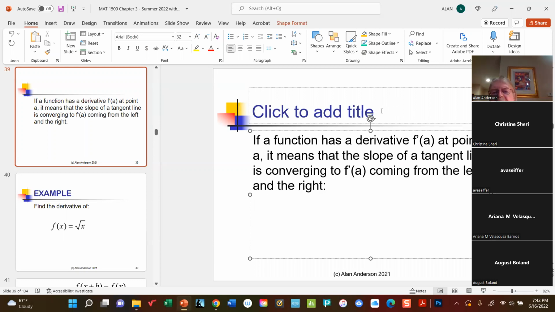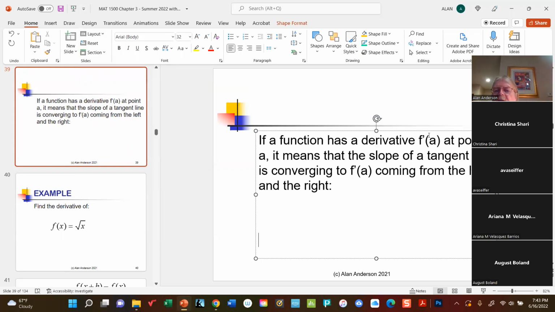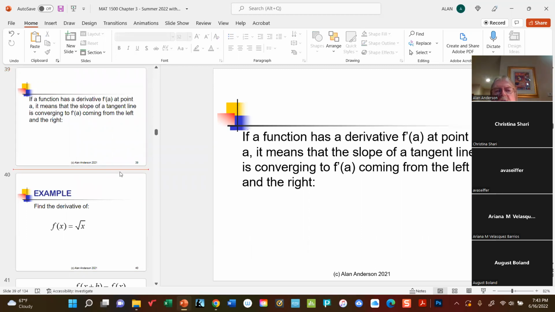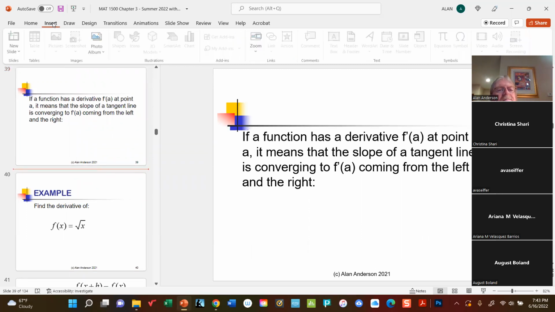So it's just like with limits, we have limits coming from the left and limits coming from the right. You can actually calculate a derivative coming from both directions. So let me show you a graph where this should be clear.